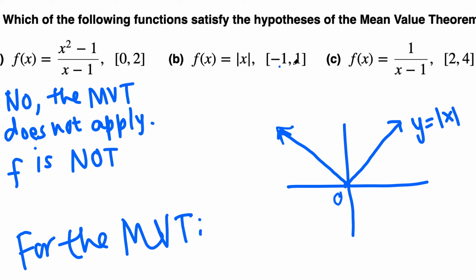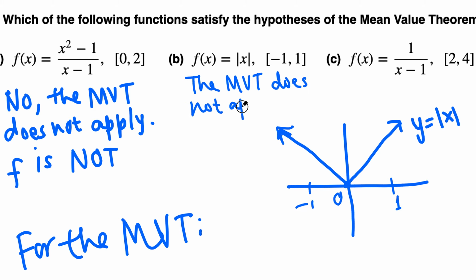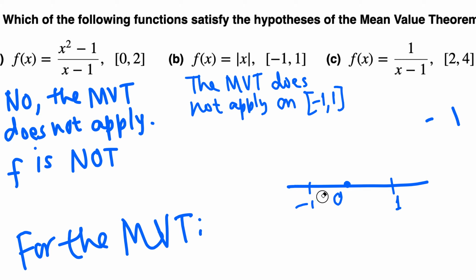So we are looking at −1 to 1. Clearly at 0, this function is not differentiable, which is inside this interval. So the mean value theorem does not apply to this function on [−1, 1], because the function is not differentiable at 0, having a corner point.